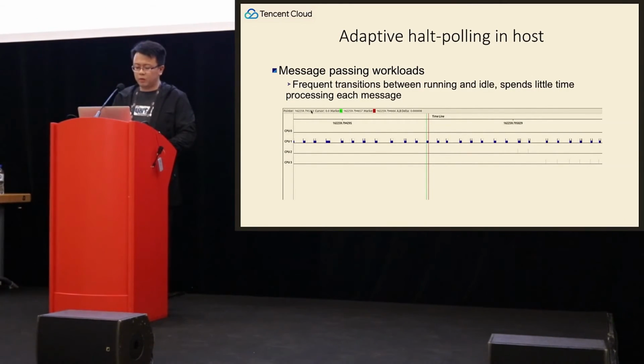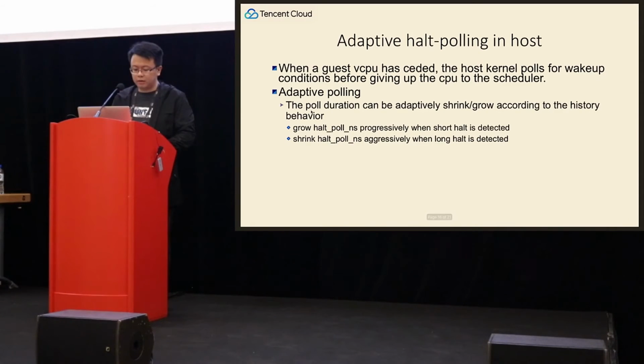So what's the best poll duration we should set? I added adaptive polling logic. The poll duration can adaptively shrink and grow according to the history behavior. When we detect a short halt, like the message passing workload, we will grow the poll duration aggressively.